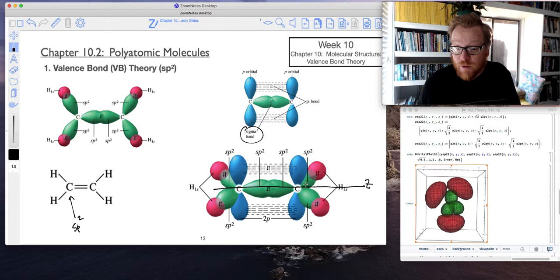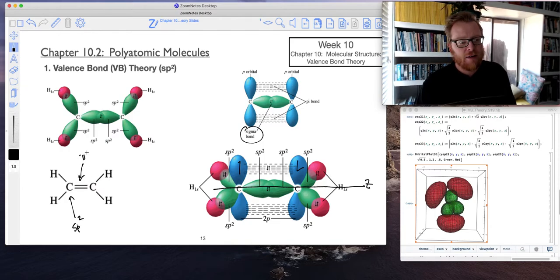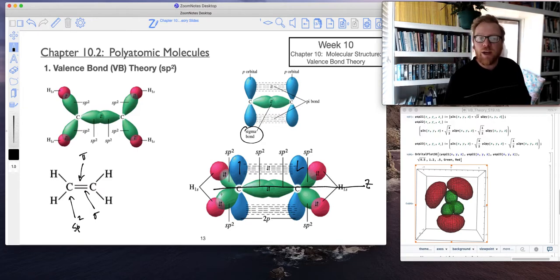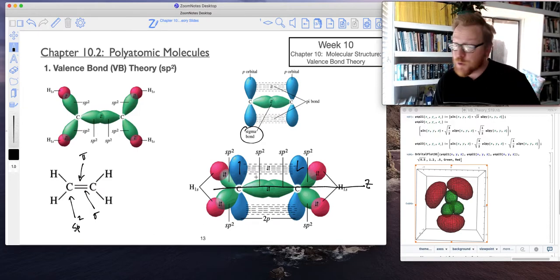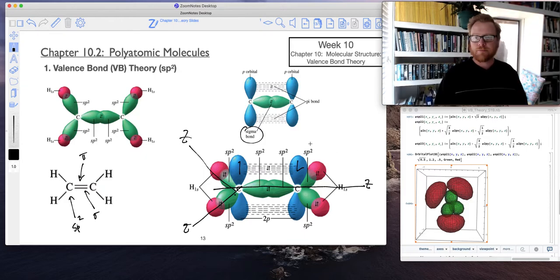But now remember, I had one extra electron in that p orbital that was off axis. So that's perfect for making a pi bond, which is where we see in ethene a pi bond and a sigma bond. And additionally, we can draw up a new coordinate system for the carbon-hydrogen bonds. We'll have a z-axis for that sigma bond. We'll have another z-axis for that sigma bond, and so on, okay?